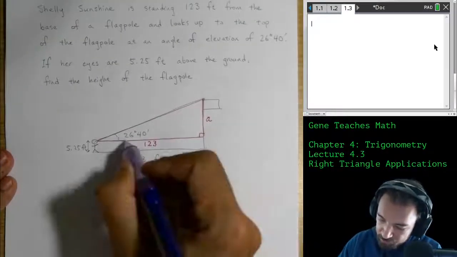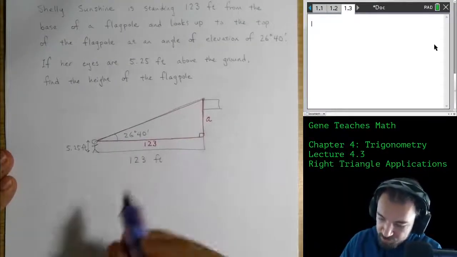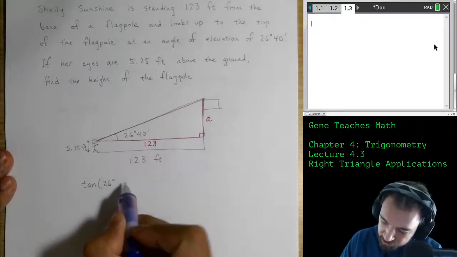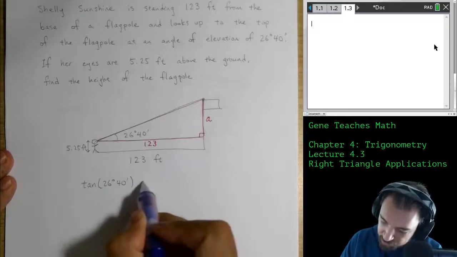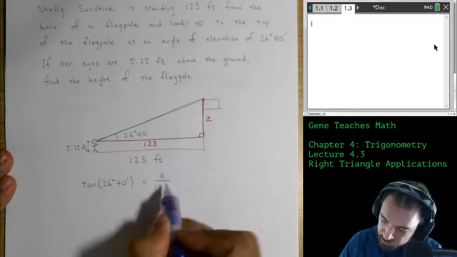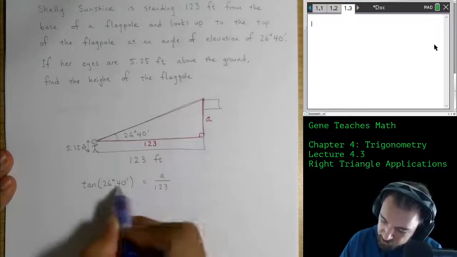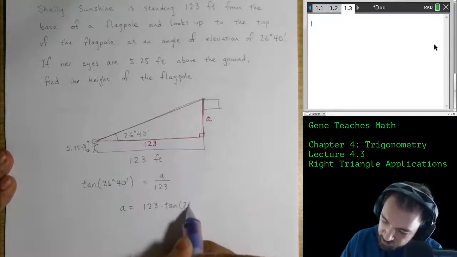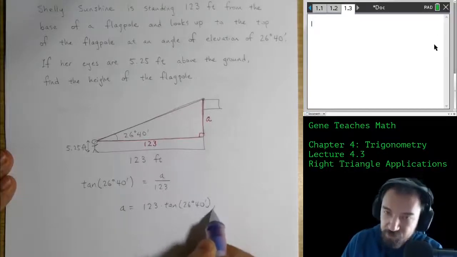Well, that looks like opposite over adjacent, so we shall use tangent. Tangent of 26 degrees 40 minutes is going to equal opposite over adjacent, which means A is simply 123 times tangent of 26 degrees and 40 minutes.